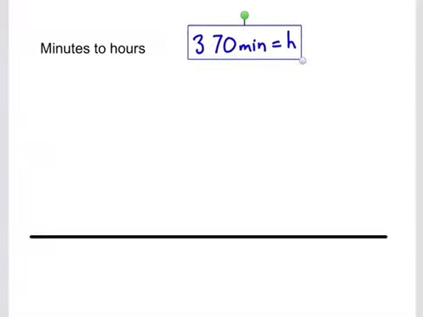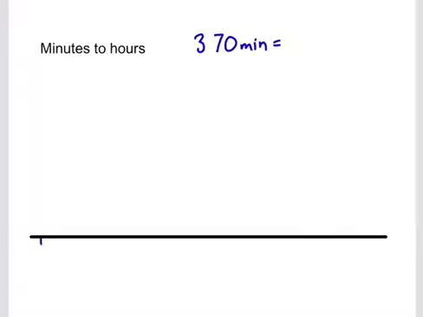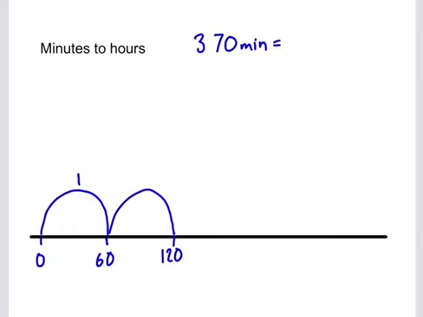So, if somebody gives you a number like 370 minutes, what does that equal in hours? Well, we're going to start at 0. We're going to jump to 60. That's 1 hour. And we're going to jump to 120, because we know that's the second hour.